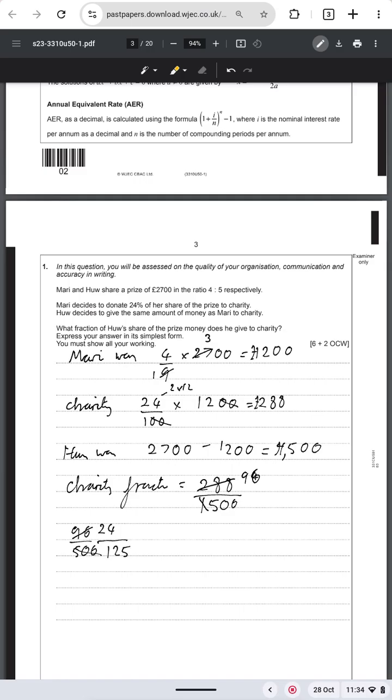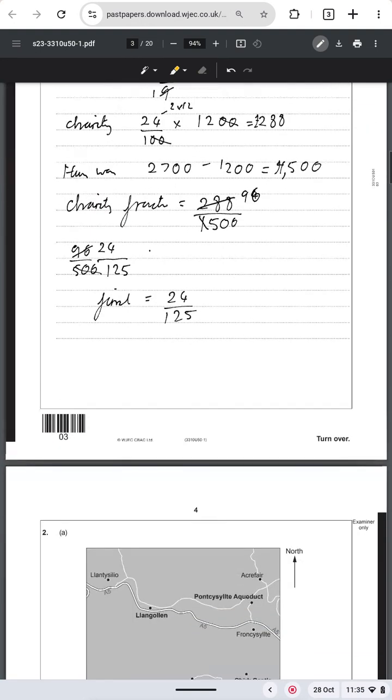Now these numbers aren't divisible by 2, 4, or 6, or 8. So this is our final answer. The final answer equals 24 over 125.